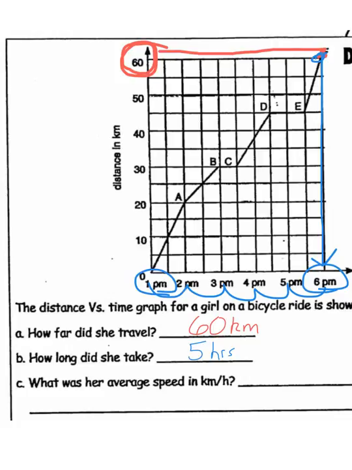If we're looking at the speed formula, which was speed equals distance divided by time, well, we found that the distance was 60 kilometers on problem A, so it would be 60 kilometers, and you're going to divide that by the time, which was 5 hours.